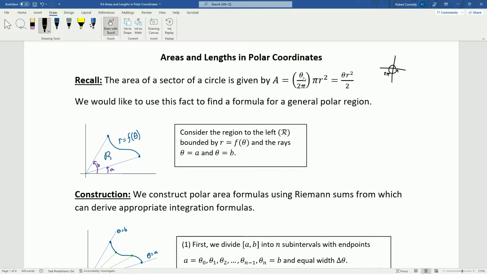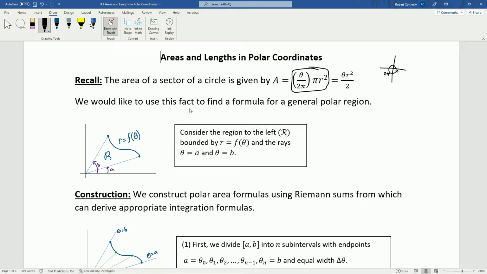So the proportion of the sector of the circle is the angle theta divided by 2 pi. This gives you the portion of the area of the circle that's taken up by that sector. So if we simplify this, cancel pi over pi, what do we get? We get theta r squared divided by 2.